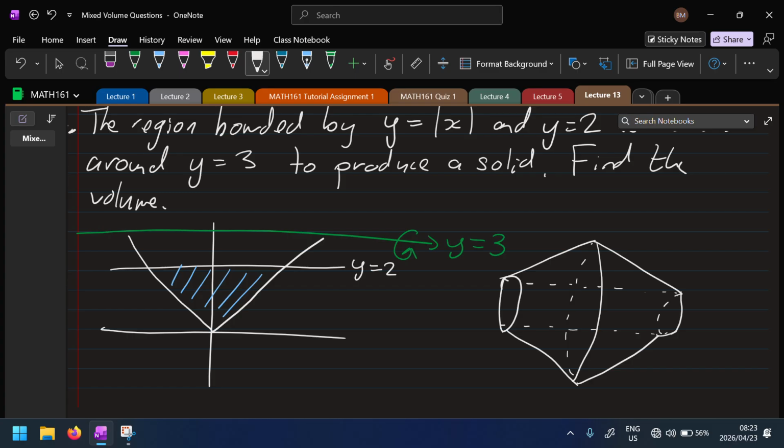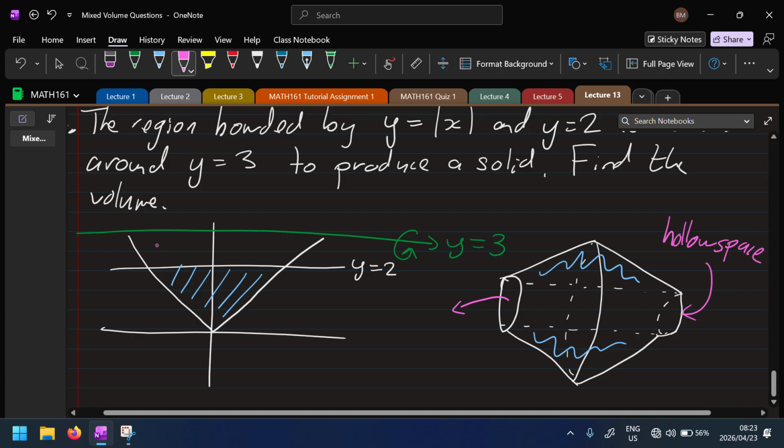So we've got 2 of these cones stuck together, and then from here you can go through the gap. This bit over here is the solid part, and then there's a gap going through. That's going to make this hollow tube going through. Okay, everyone able to visualize this?